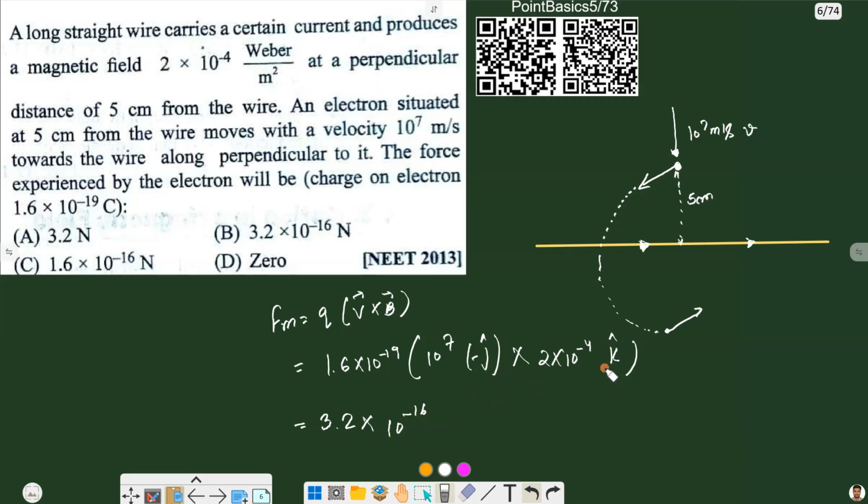So j cross k is i and here we have a minus i sign. It means the magnetic force will be acting in the negative x direction according to this direction of the current. So that is 3.2 into 10 raised to power minus 16. So option B will be the right answer here.